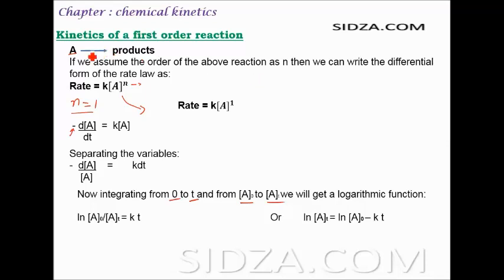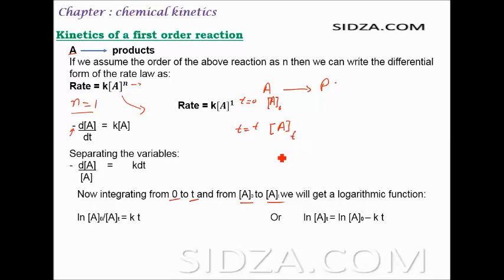Suppose when we start the reaction, A changes into the product, and when the time is 0, the concentration of A is A naught. After time t seconds, or let's suppose 5 minutes, 10 minutes, whatever it is, the concentration left is At.